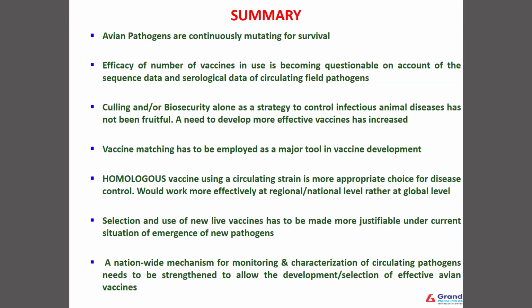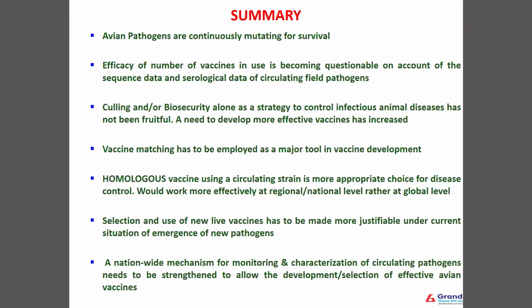We should also recognize that simply culling or improving biosecurity alone cannot help control these kinds of infectious problems. We have to see all these things together. It's not a one-line solution; you cull all the flock and you will control the disease. That is not happening. Vaccine matching has been helpful in the past, and it could be a major tool in future vaccine development.